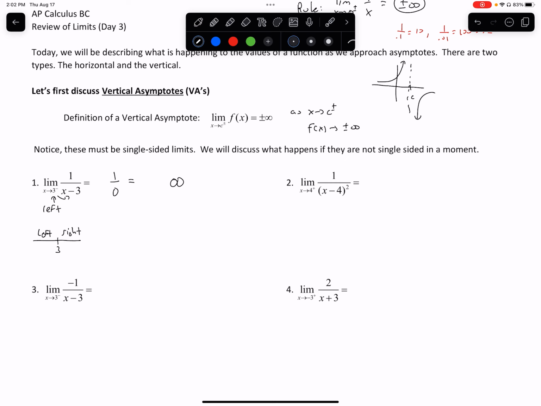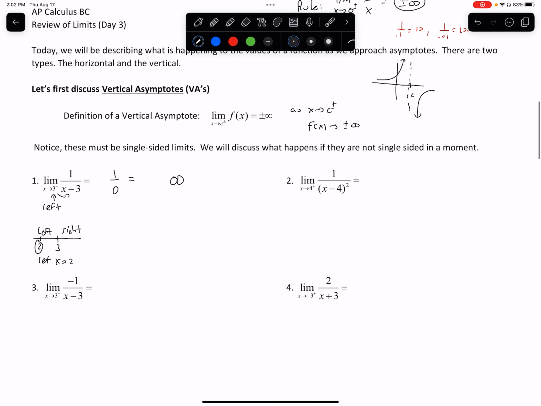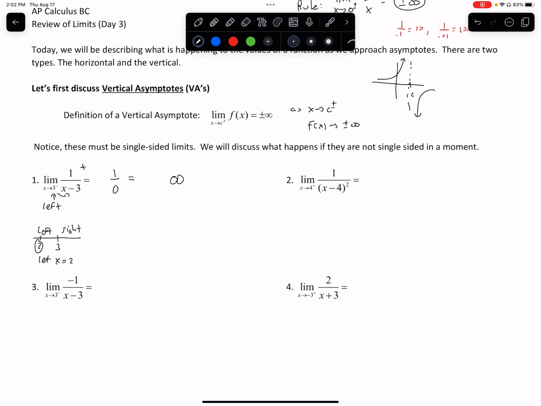For example, 2. If I let x be 2, notice I'm going to get 1 over 2 minus 3. Well, what's 2 minus 3? A negative 1. The top is positive, 1's always positive. The bottom, 2 minus 3, is negative.